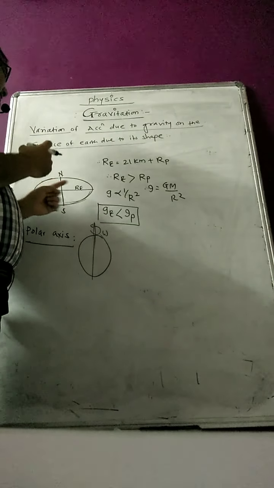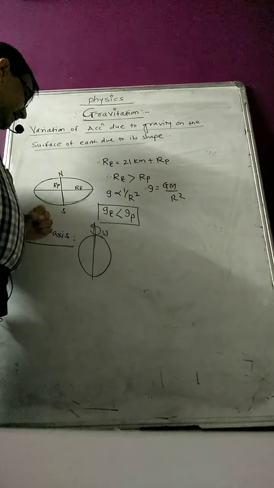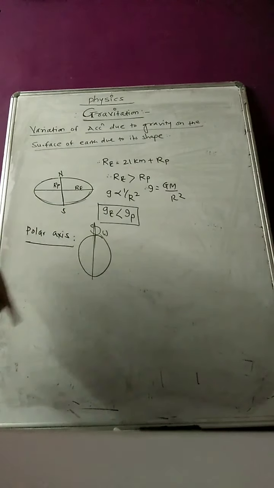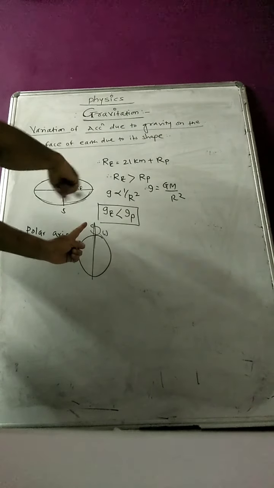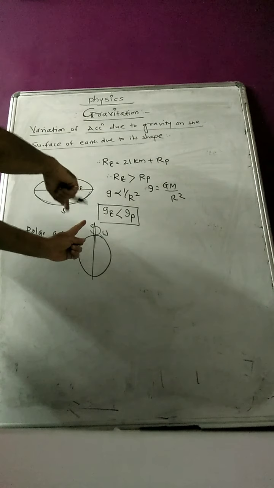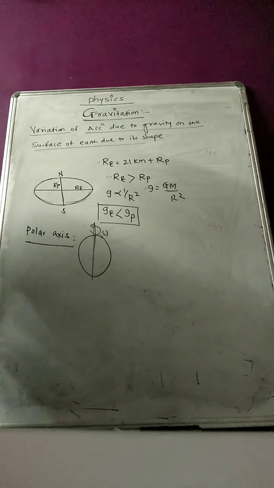So that is called the polar axis, about which the earth rotates or revolves around its own axis.